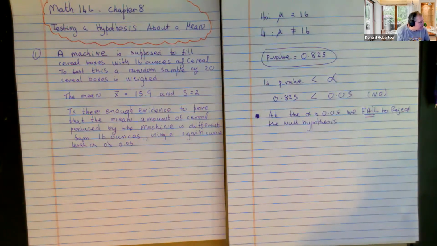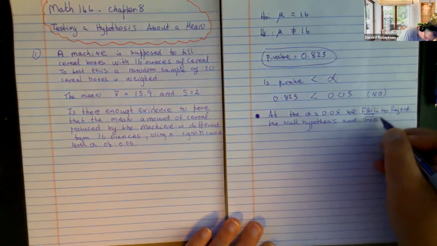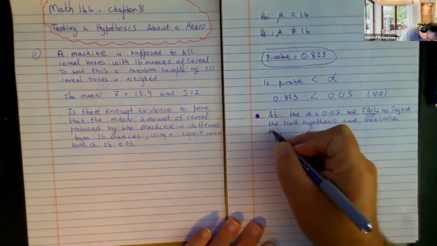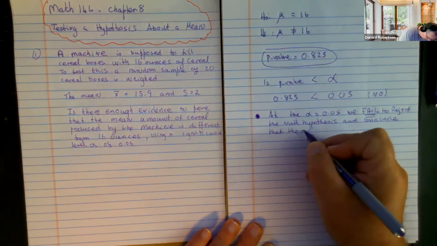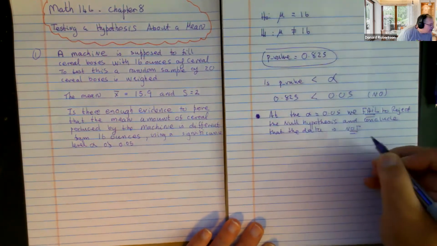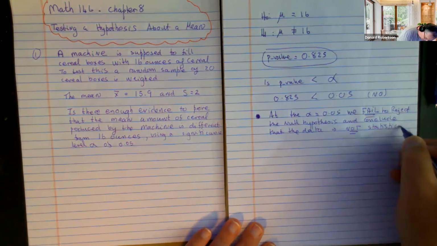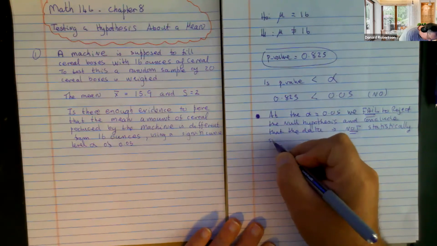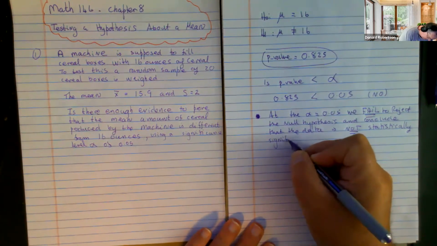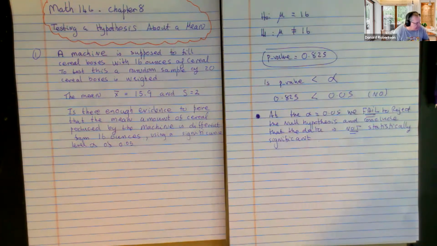We fail to reject it and conclude that the data is not statistically significant. Are we cool with that sentence? That's the no sentence, isn't it? That's what you say when it's a no.